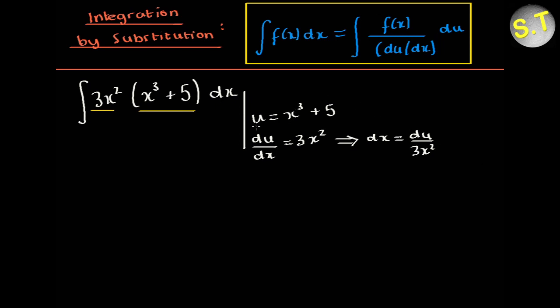So if we now take our u value and substitute it here, and our dx value and substitute it here, it should give us an integral in terms of u.